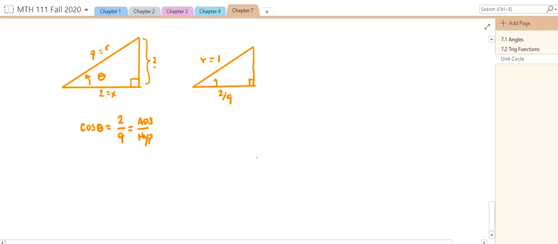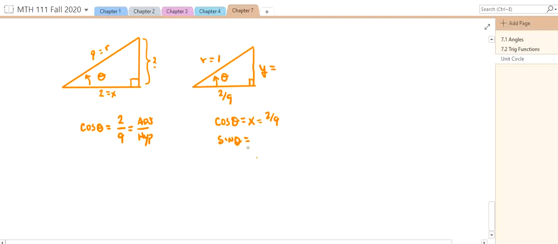So now, theta is still the same here because these are similar triangles. Theta is the same. I say the cosine of theta equals, since this is the unit circle, I know that equals x, and this is y. So cosine of theta equals, well, I know this is x, so this is 2/9. It's going to equal the same thing because it's the same angle.